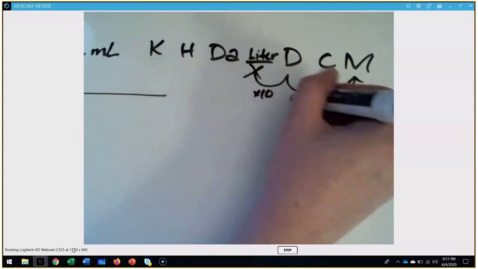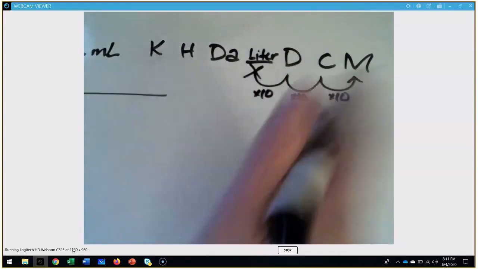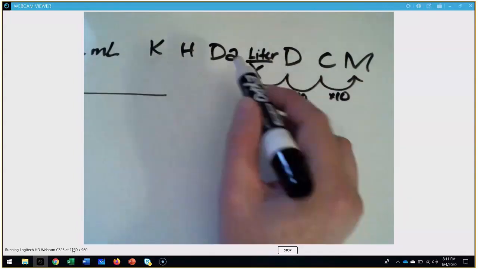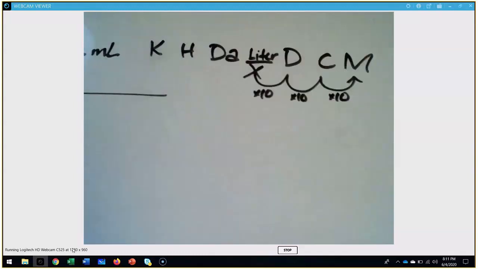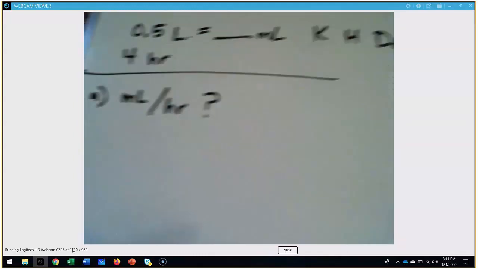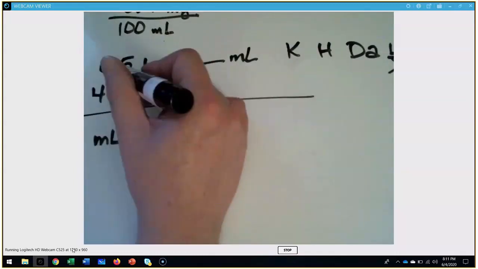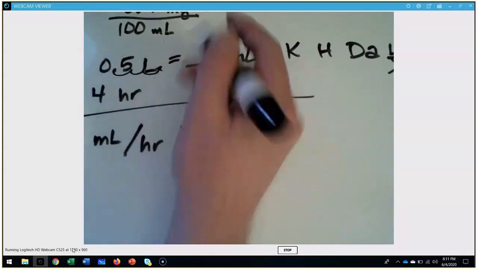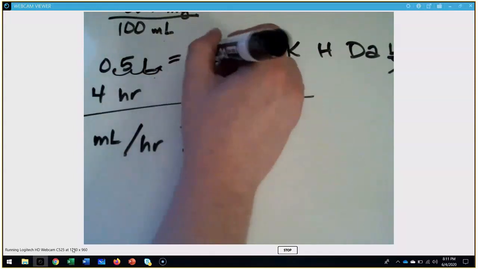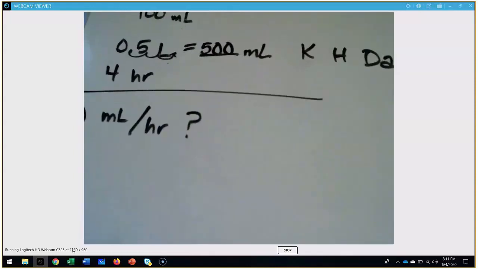Basically, we're multiplying by 10 three times, or 1,000, because there's 1,000 milliliters in a liter. Any way of thinking about it. So here we go. 0.5, move it over 3 times: 1, 2, 3. Makes it 500.